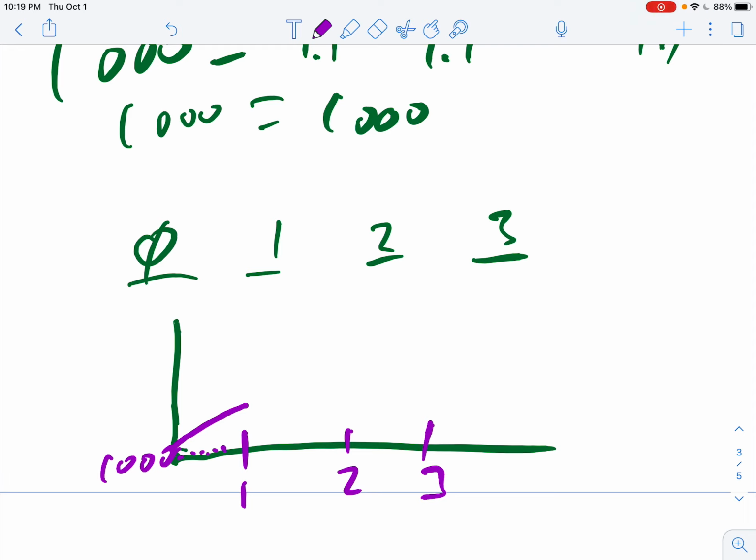at least as utilized for purposes of determining accrued interest payable. So there we have 1,000, and then it goes to this value. This value right there would be 1,100.